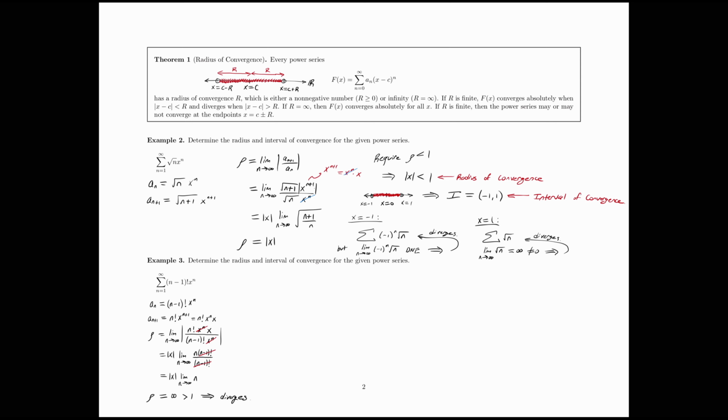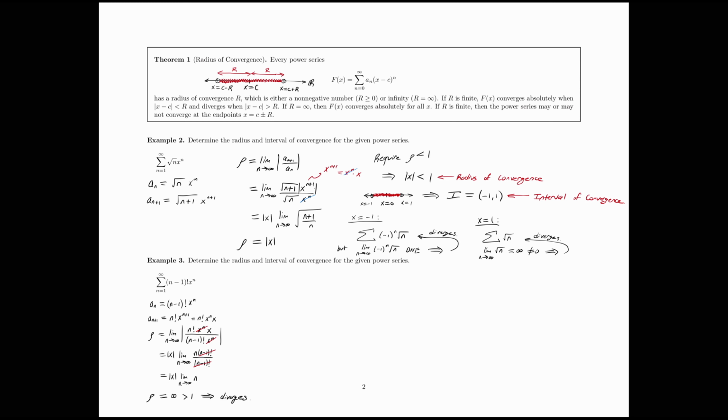A lot of times we do find the radius of convergence from this rho. It's directly related to this rho. What's important to keep in mind is while the radius of convergence is related to the value of rho, it is not equal to the value of rho. It's just related to it. In other words, you need rho to figure it out, but there's not a direct equality between the two.